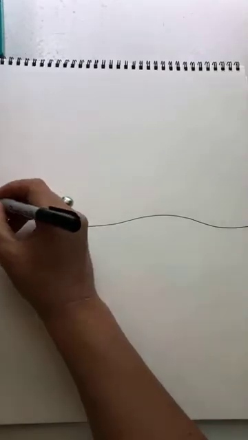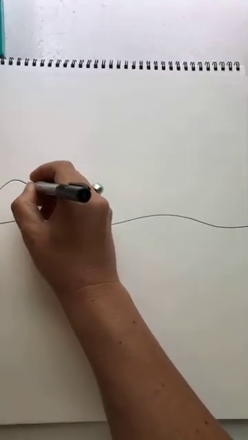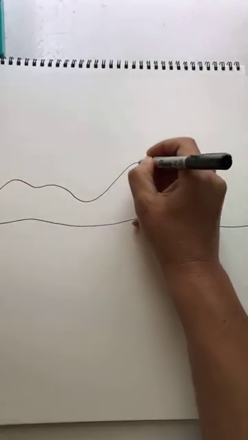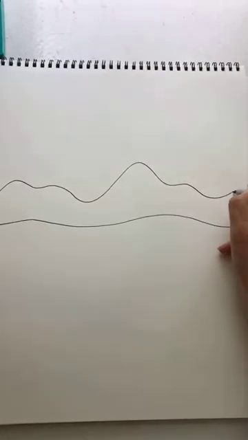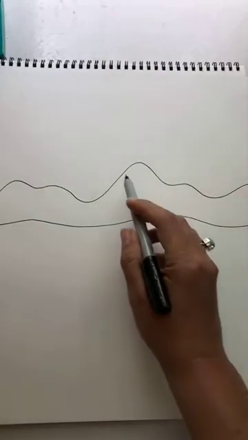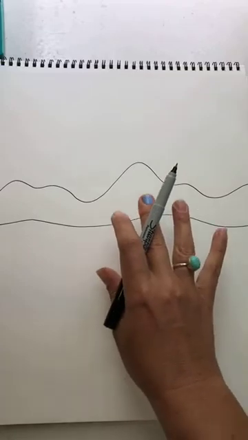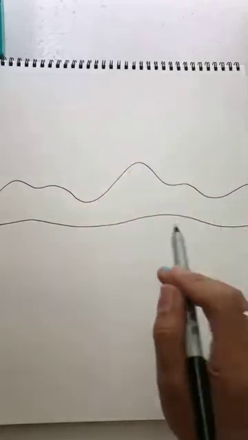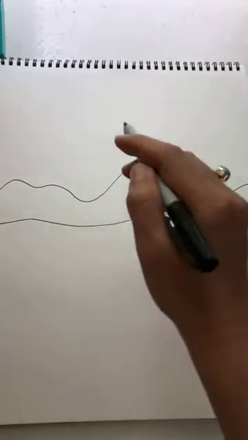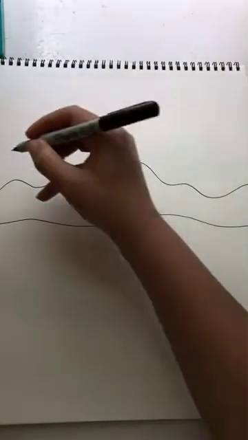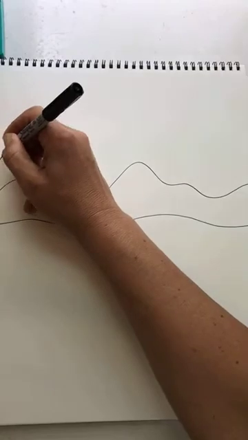And then I'm going to create a line that's just a little bit more wavy. I'm going to pretend these are the foothills, where the land is starting to get closer to the mountains, but it's not jagged quite yet. All right. And then I'm going to go in with some mountains.